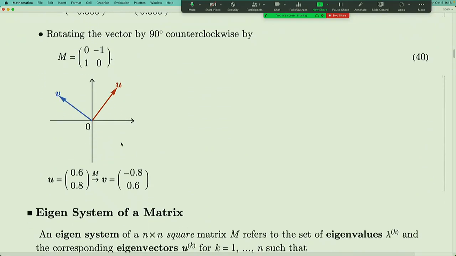But let's look at something more interesting, where the matrix not only can perform reflection, but also rotation. For example, this matrix actually performs a 90-degree counterclockwise rotation to every vector that it multiplies on.